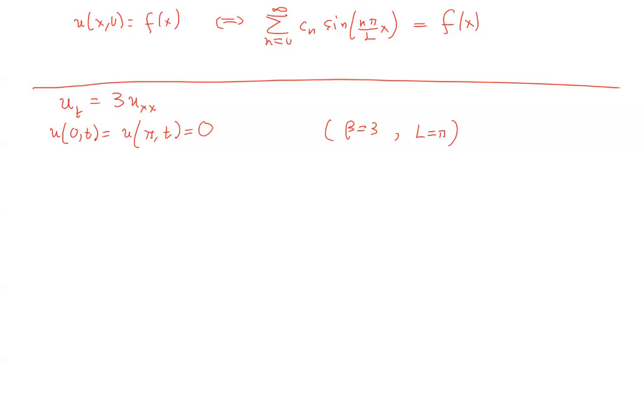And then I would like u of x, 0 to be, now I'm going to be very specific, 5 sine of x minus 4 sine of 2x. And I claim that this particular problem we can actually fully solve.